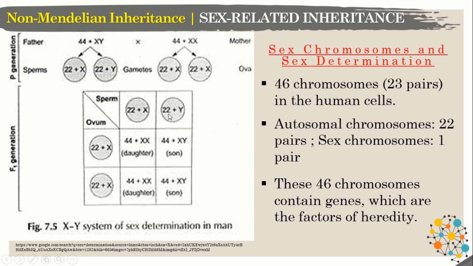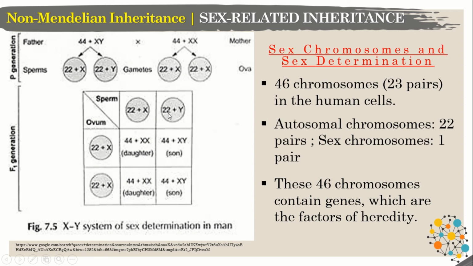So, when we write here, okay, the Punnett square between the father and the mother, so that means you have here 44 chromosomes kasi 22 plus 22 lang, 44. So, X, X. So, this one is a girl. Ganun din dito. 22, 22, you have 44. X, then you have X. Then again, another female.